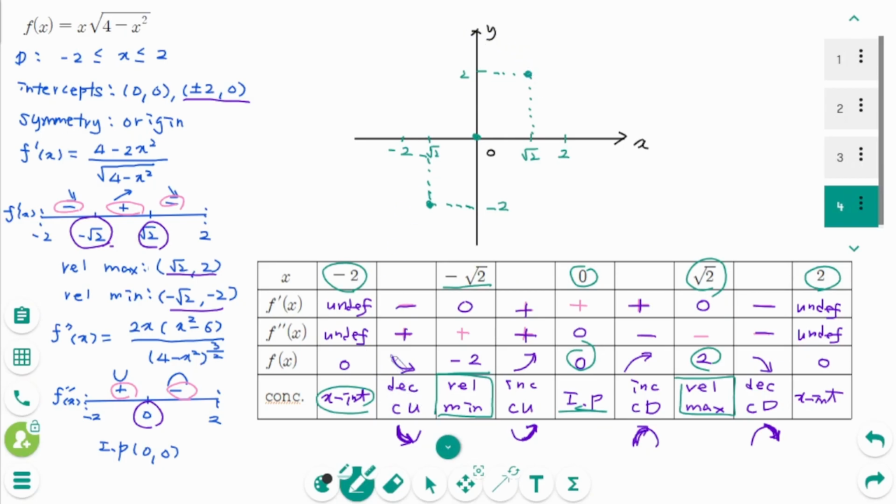The shape of the graph is x-intercept minus 2 and 2, decreasing and concave up, increasing and concave up until (0, 0), increasing and concave down, decreasing and concave down. This is the graph of y equals x times square root of 4 minus x squared.